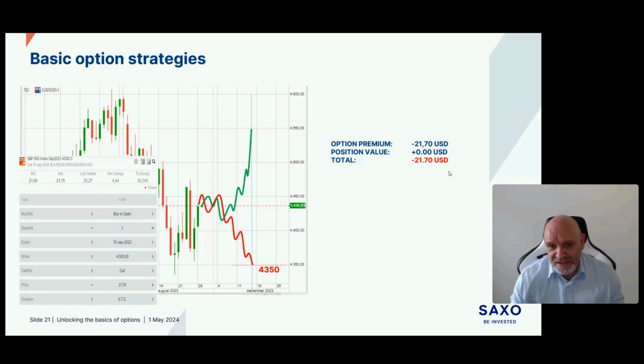It's an option contract with a right, not an obligation. We don't have to fulfill any obligation. We can exercise the right, but we don't have to. So if the price goes against our views, we lose. That's the maximum we can lose. We lose what we invested.